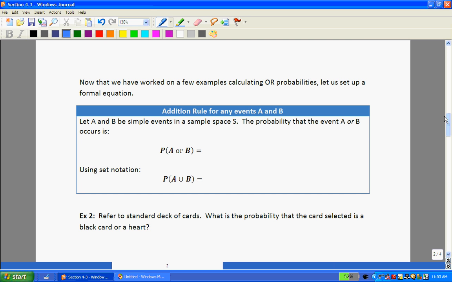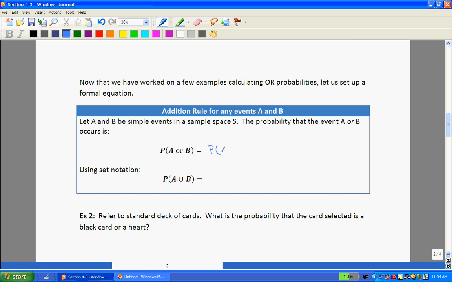So it could be with cards, it could be with coins, it could be with the probability of a patient having a certain disease or condition, it could be for anything. Let's see, so let A and B be simple events in a sample space S. The probability that the event A or B occurs is the probability of A or B. Well, think about what we did.